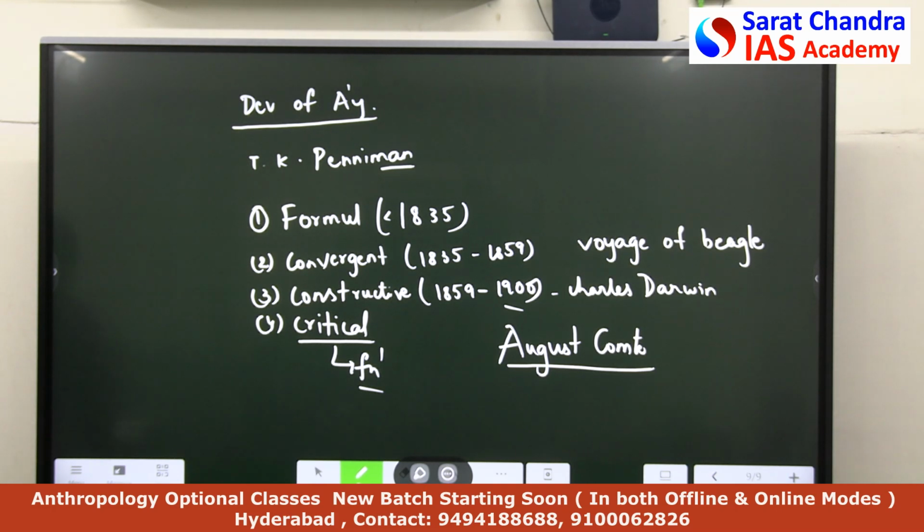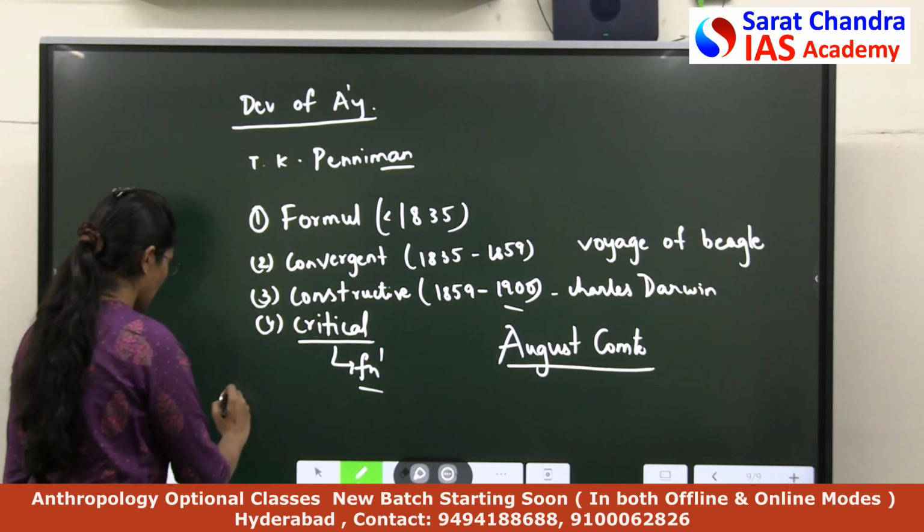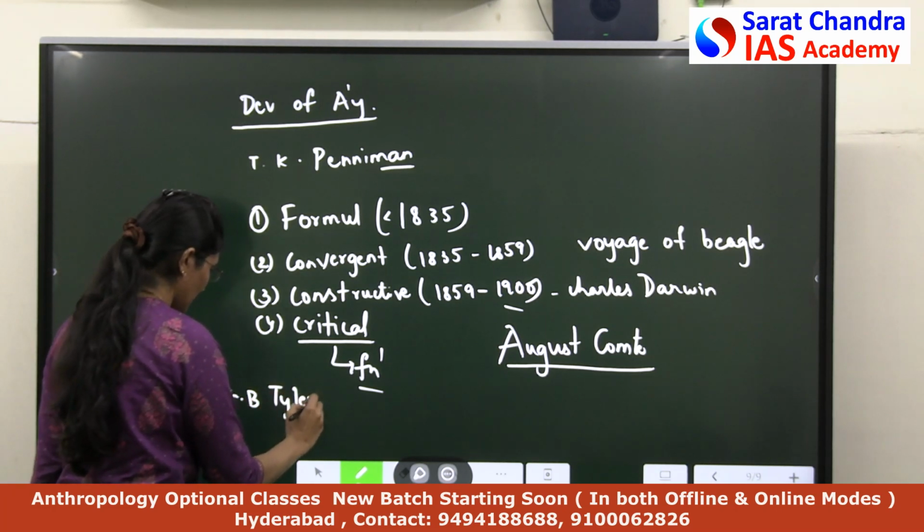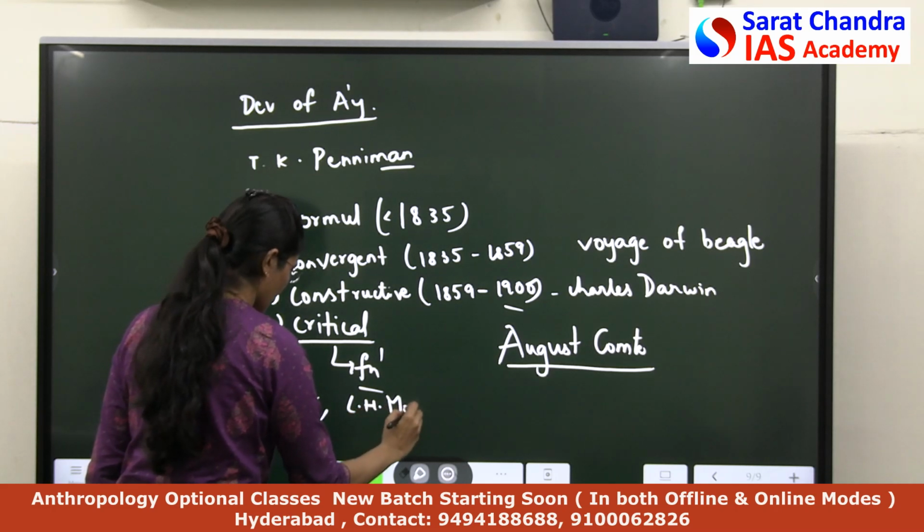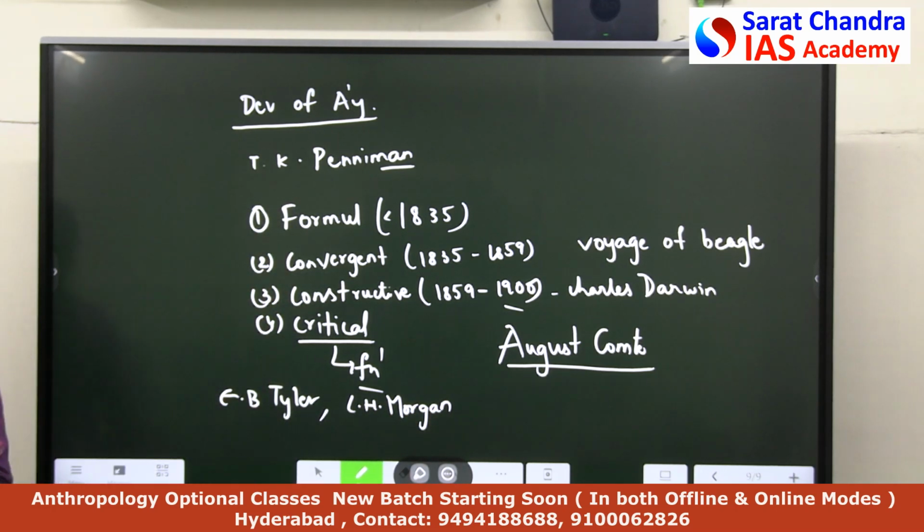Classical evolutionists like E.B. Tylor and L.H. Morgan suggested that culture develops in a unilinear and sequential manner.